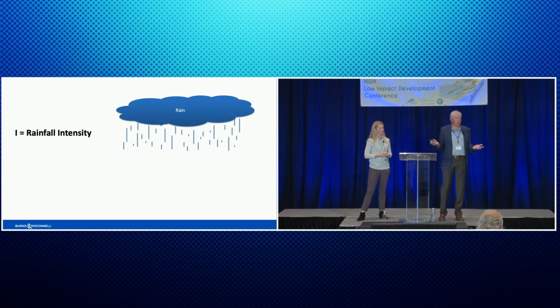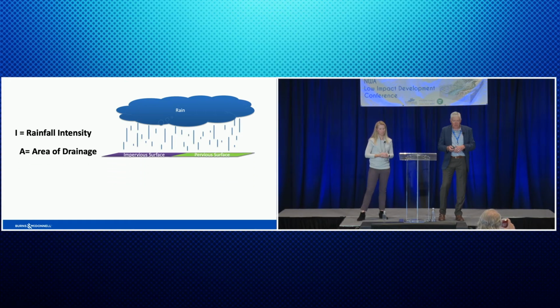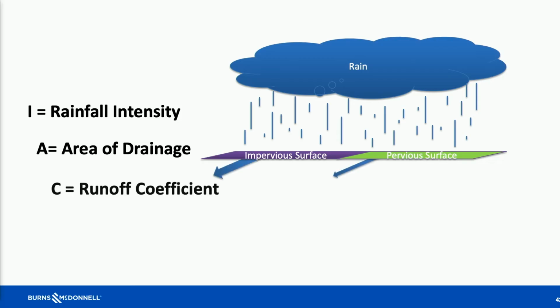Hence became the rational method that we all still use in a lot of our designs, which is based on rainfall intensity, the area of the drainage, and a runoff coefficient. Any fourth grader in Bentonville should be able to do this calculation. I take my acreage times my intensity times a C, and I get a Q. That is how 90% of our stormwater infrastructure is being designed at the site level. And I wish I was kidding, but that's really where it is with a lot of things. We need to increase that understanding.